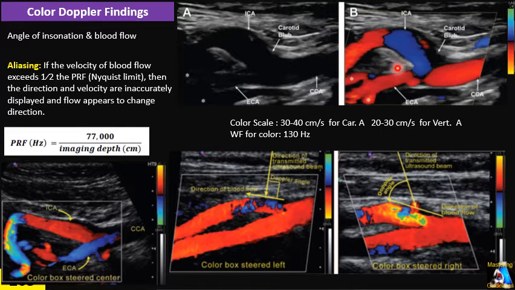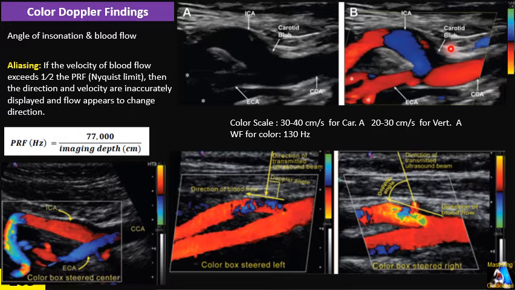And for the vertebral artery it should be 20 to 30 centimeter per second, and wall filter around 130 hertz. With this setup, we can optimize color gain. Just after putting our color box at the area of interest, we increase color gain until blooming happens, meaning it shows the blood beyond the border of the wall.